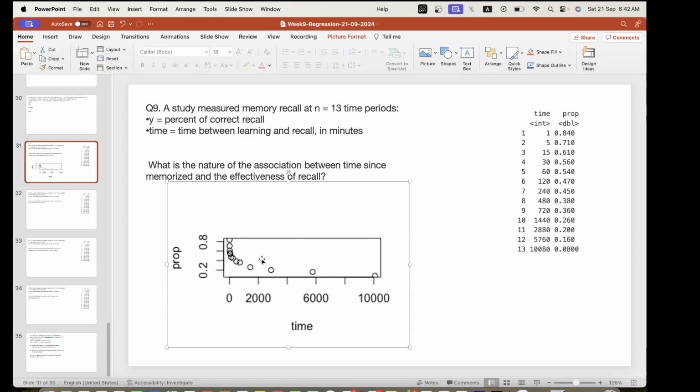From here we can see this doesn't look like a straightforward linear relationship, so maybe some sort of transformation is needed.